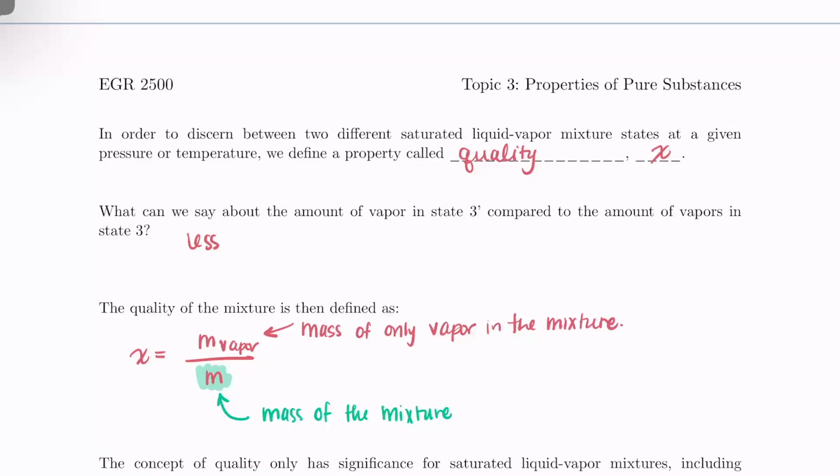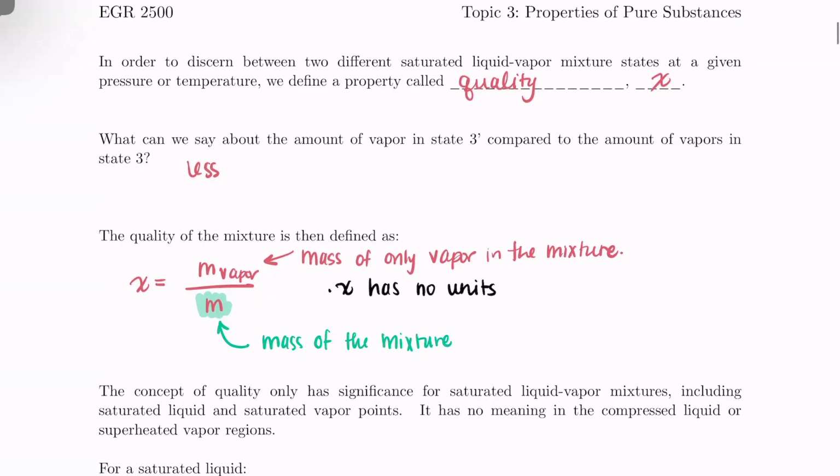All right, and this has no units, because we're taking the units of mass divided by units of mass. And we can also say that the total mass of the mixture is the mass of the liquid plus the mass of the vapor. That's just conservation of mass, right?